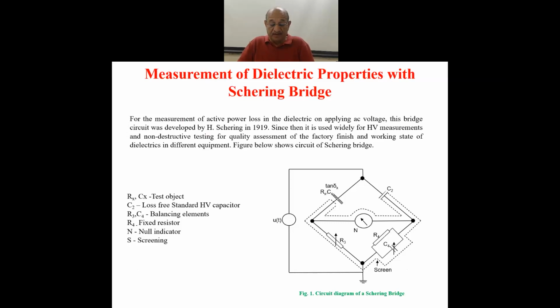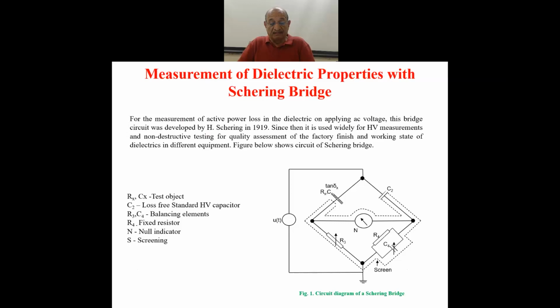The Schering bridge. It's a bridge, as usual, you might have learned a number of bridge circuitries, and you have to produce a balance and null of the four arms of the bridge, and then you can measure the tan delta, and from there you can also infer, for example, insulation resistance.